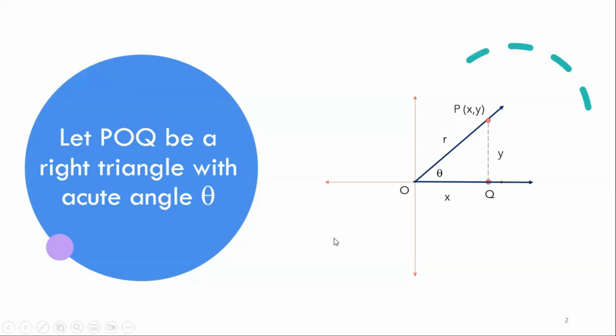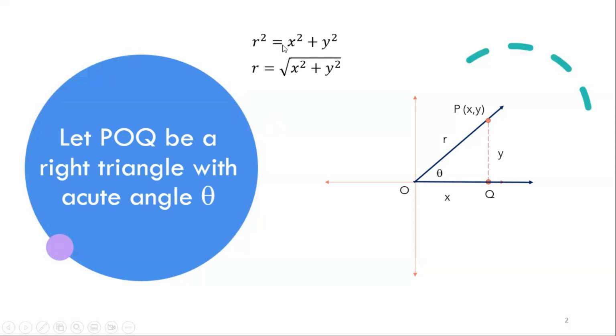To solve for the length of the hypotenuse, R, we use the Pythagorean theorem, where the square of the hypotenuse is equivalent to the sum of the squares of the other two sides. So R squared is equal to x squared plus y squared, or R is equal to the square root of x squared plus y squared.